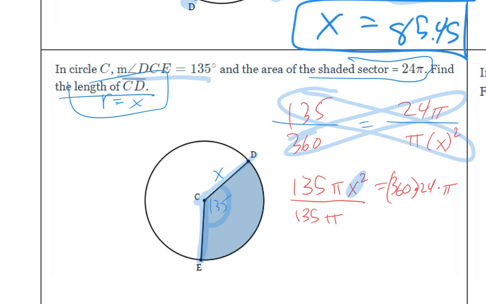We don't want to get rid of the x squared yet because we're going to work with that last. So if we do that over here, the reason why we do that is, like we said, we want to get rid of those, right? So that cancels out and that cancels out, and we're left with just x squared equals. But if we do it to the left side, then we have to do it to the right side as well. So anytime we divide on one side, we typically go ahead and immediately do it that way. I just wanted to make the point with that. So I'm going to divide that by 135 and the pi.